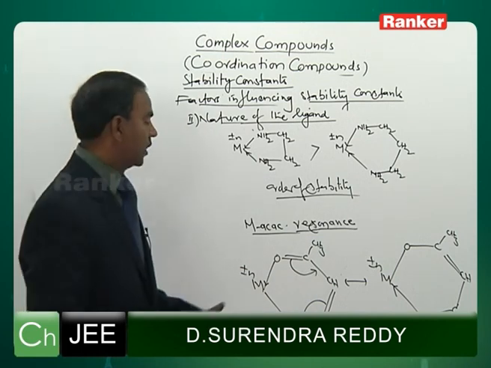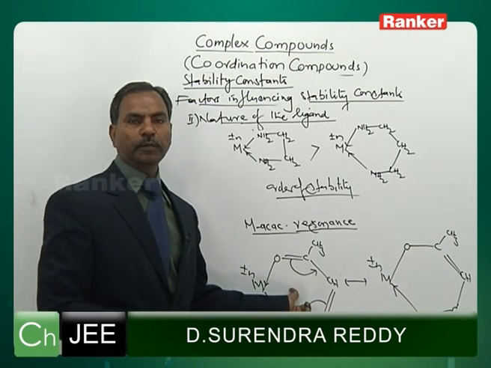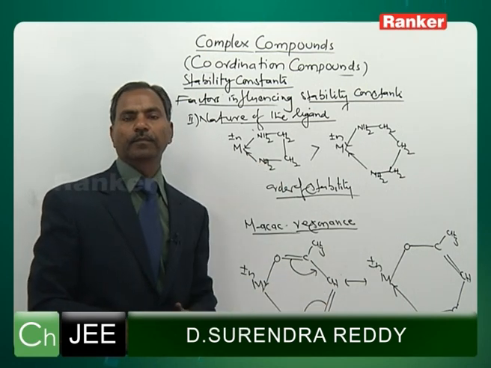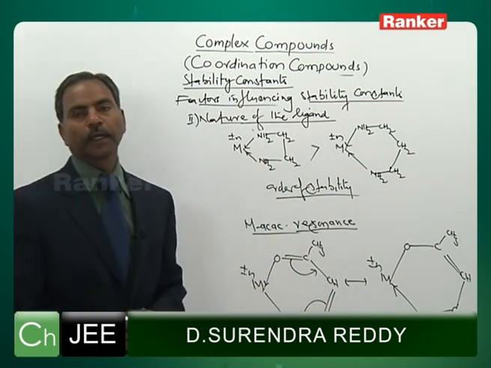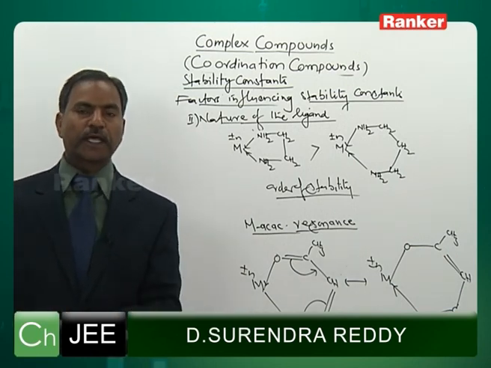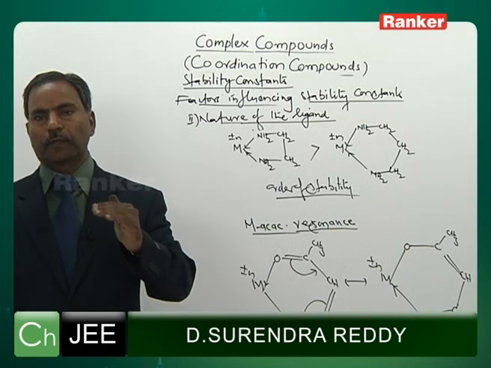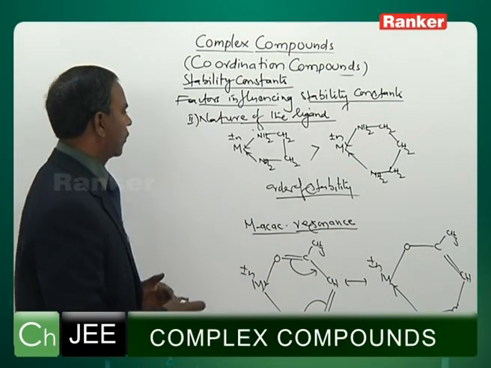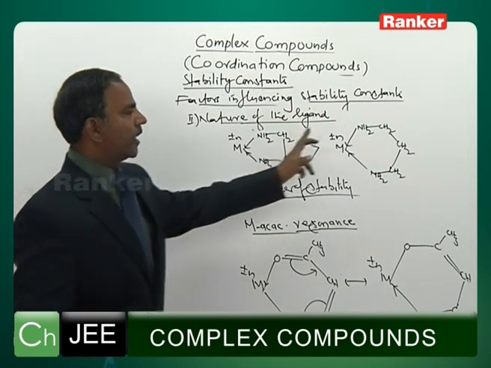But a 6-membered ring is more stable than a 5-membered ring, provided the 6-membered ring is unsaturated and a resonance hybrid. Therefore, we compare MEN and MTN.